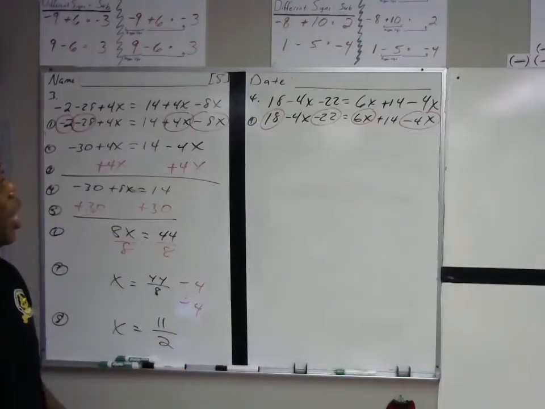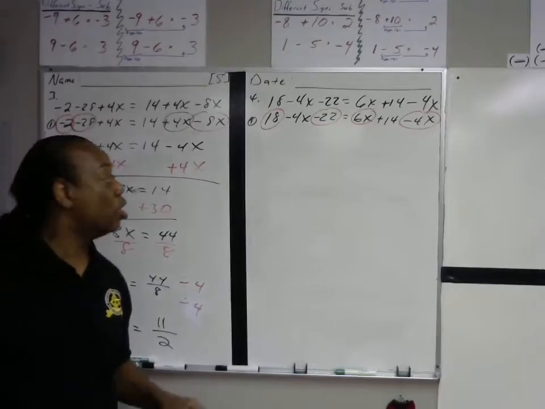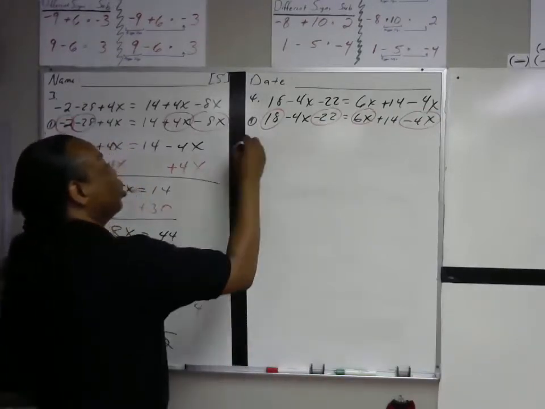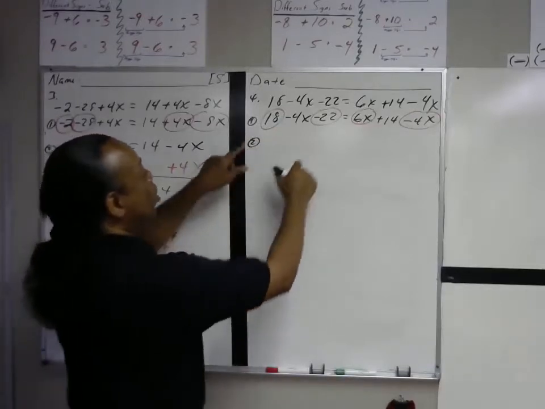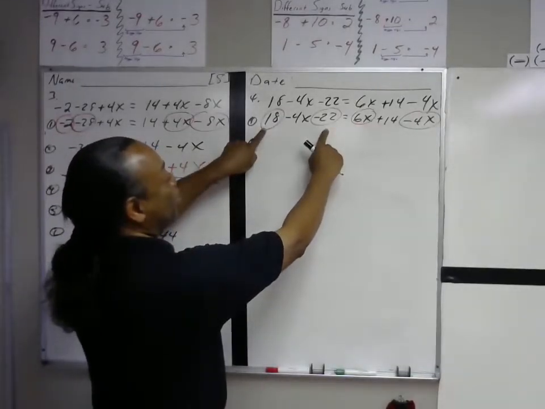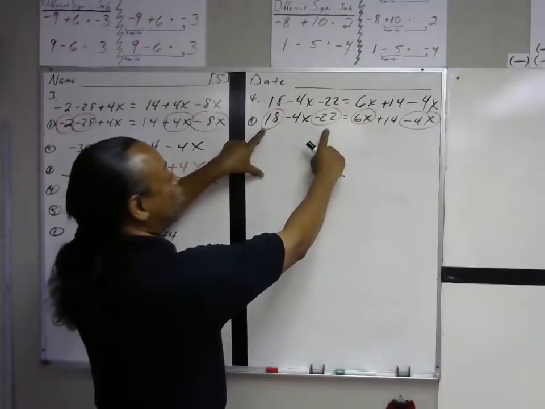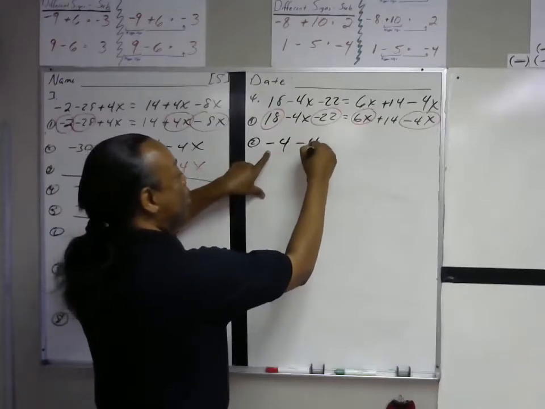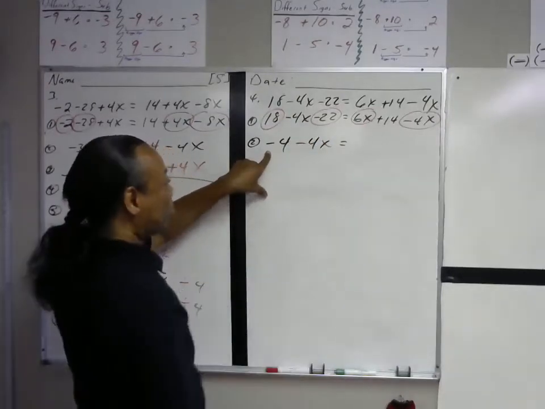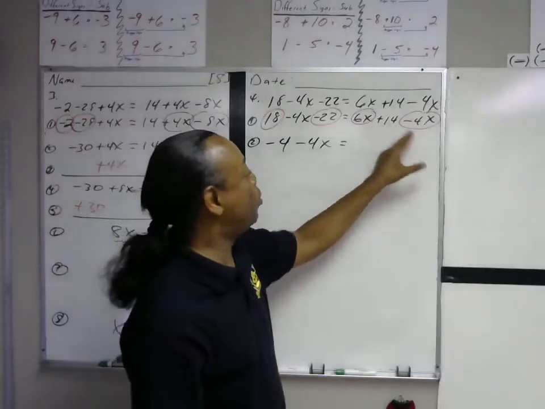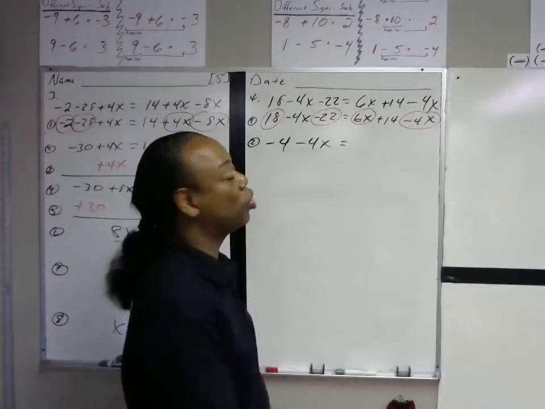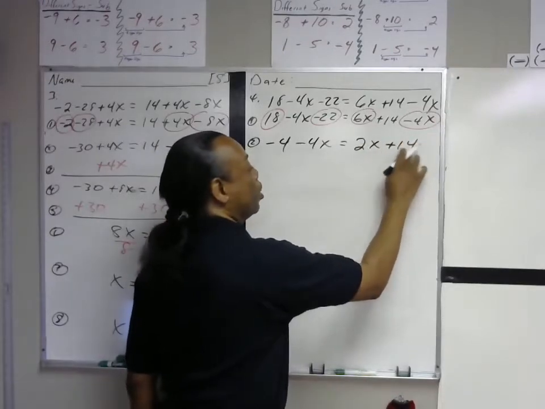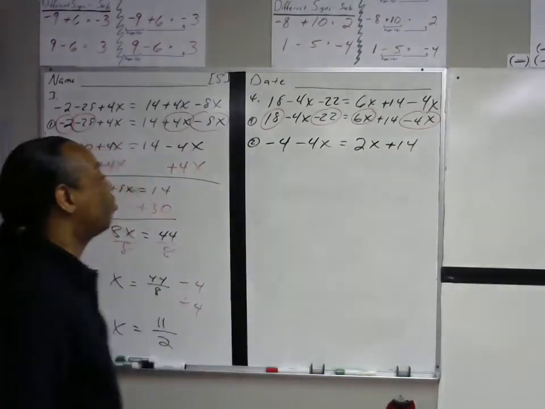Now, step 2, you could combine these. These are different signs, and the bigger sign wins, so we subtract. 4. Bigger sign wins, negative 4. Then minus 4x equals. Over here, we have different signs. Bigger sign wins, so we get 2x. 2x plus 14. Everything is combined.